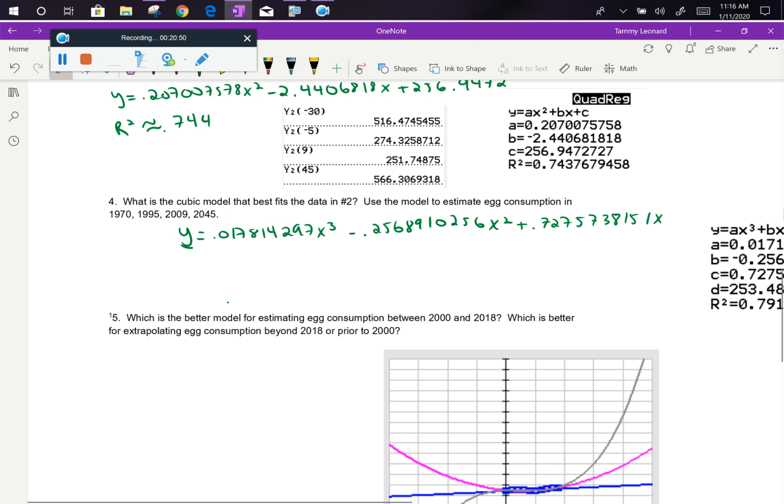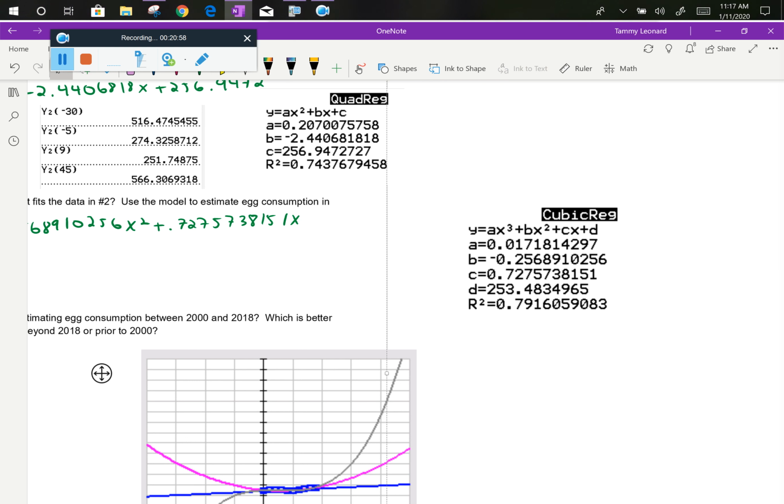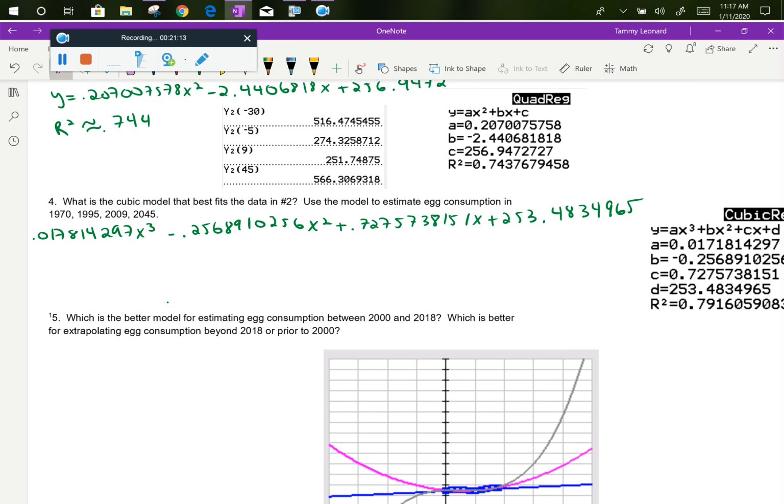I'm running out of space, so I'm going to slide this over. Models get really long with these long decimal coefficients. Plus 253.4834965. And we have a correlation coefficient of 0.791.